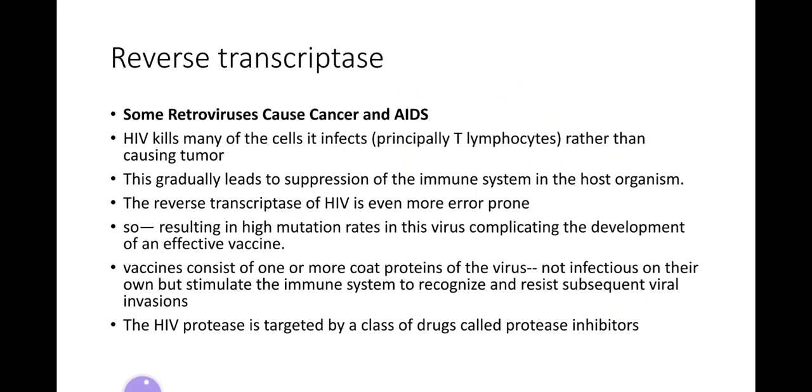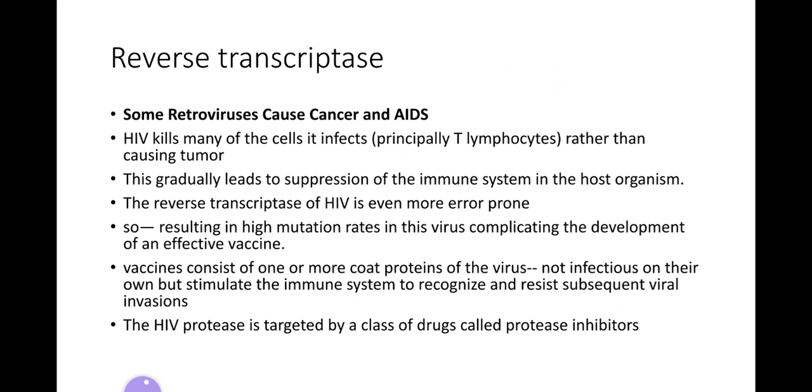HIV kills many of the cells it infects, principally T lymphocytes, rather than causing tumors. This gradually leads to suppression of the immune system in the host organism. The reverse transcriptase of HIV is even more error prone. It means that every virus produced from its parent is different.